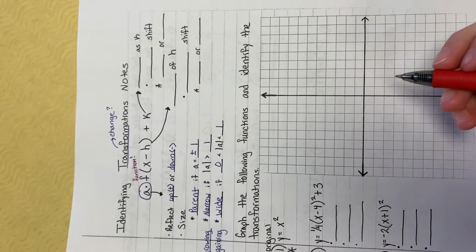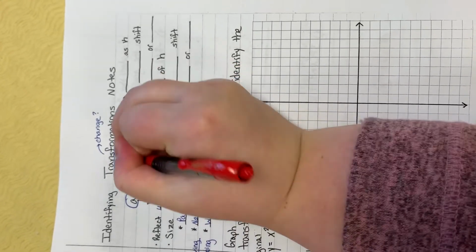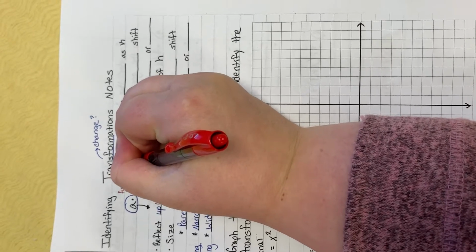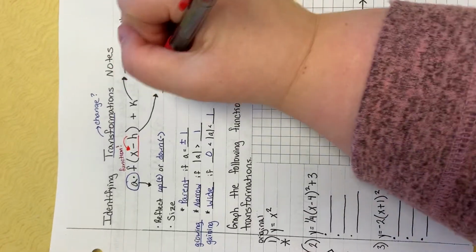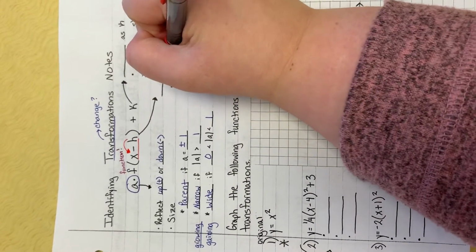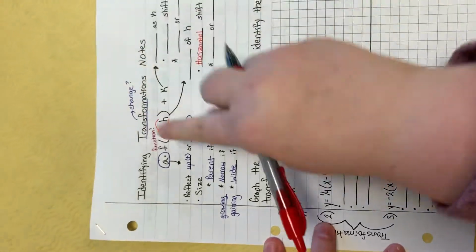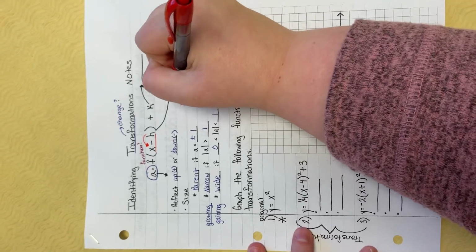All right. Now let's talk about H. Okay. H is always inside, and it's always being applied to x. And the reason it's always being applied to x is because it is the horizontal shift of a graph. That's how it affects it, because it's the x-axis. That's why it's being applied to x. It affects which way the graph moves across the x-axis.